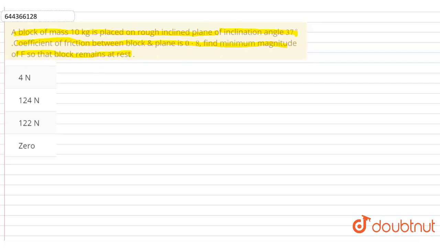So basically the question says that a block is placed on an inclined plane. So let me draw it. Let's say this is the inclined plane on which the block is placed.